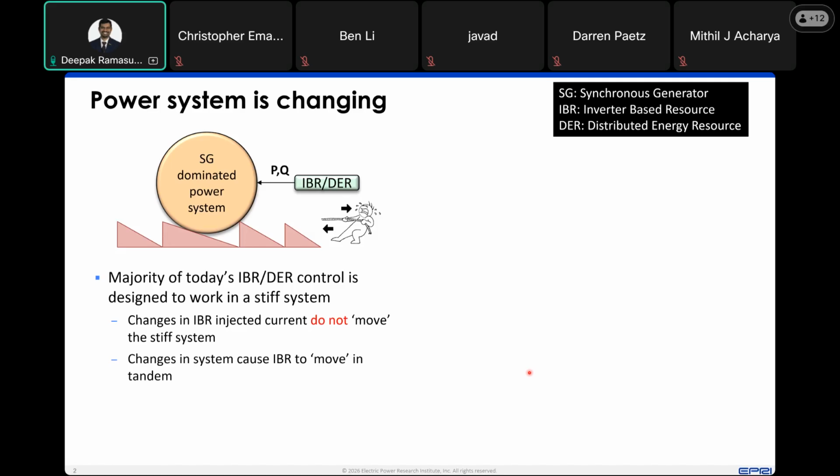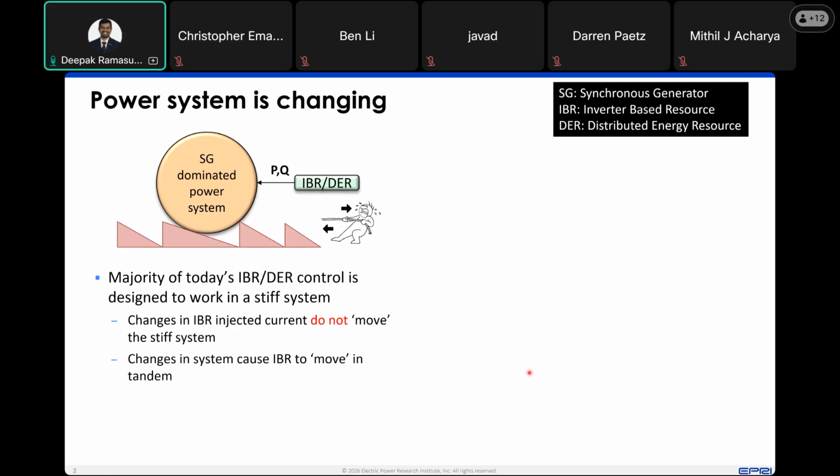And if you have an inverter-based resource or a distributed energy resource connected to this power system, then any small changes of current that this inverter-based resource injects into the network do not effectively impact the synchronous generator dominated system at all. However, if the synchronous generator dominated system itself moves, and here, of course, we're not talking about mechanical movement, we're talking about electrical movement, then the inverter-based resource will move along with it.